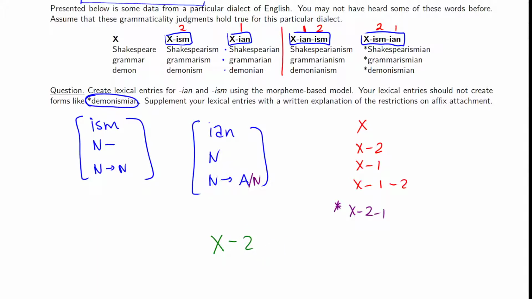But we can do 1, 2 because 1 is lower than 2 and 1 is closer. We can go directly x to 2 because we don't have to deal with a 1 after. This just strictly increases. So if we can think of these affixes as belonging to different classes, then we can create a restriction on how the affixes have to attach.